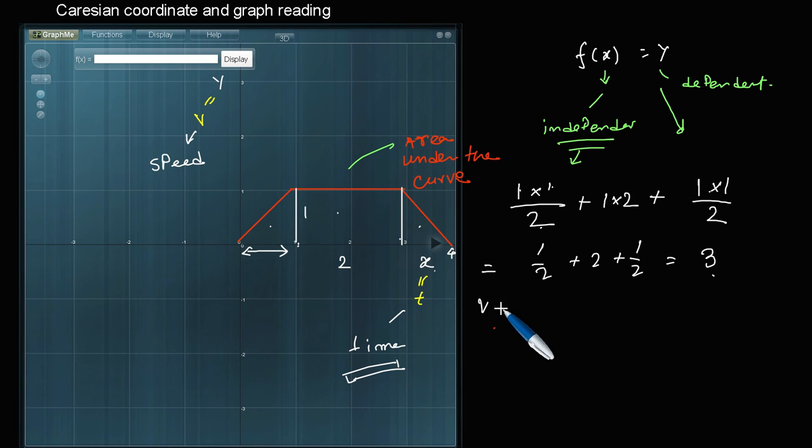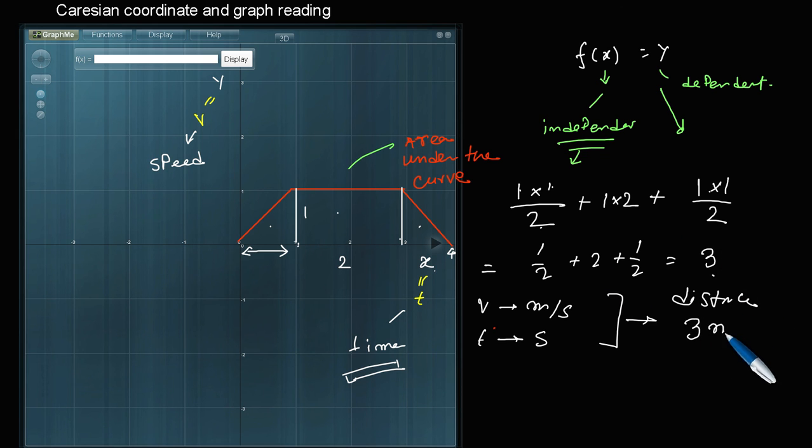If v is in meters per second and t is in seconds, then the distance will be 3 meters. So you can use the graph now. Next step, I will discuss something else.